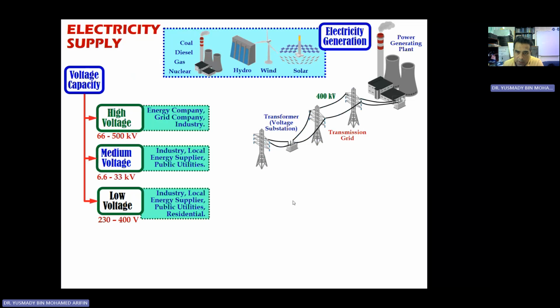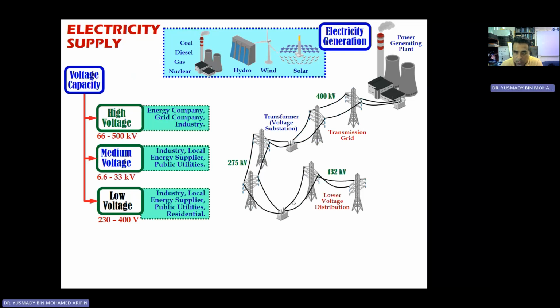Then we have transformers, or sometimes we call it voltage substations, to decrease the voltage further to 275 kilovolt, and reduce again at lower voltage distribution until 132 kilovolt.